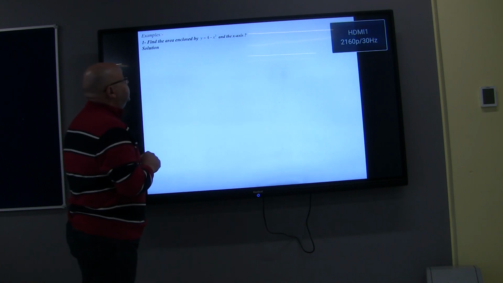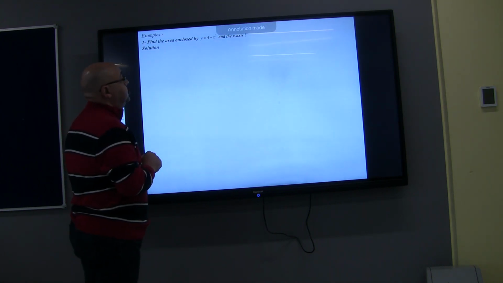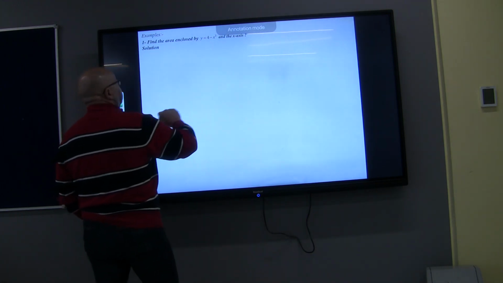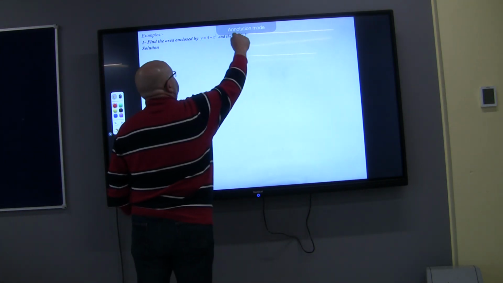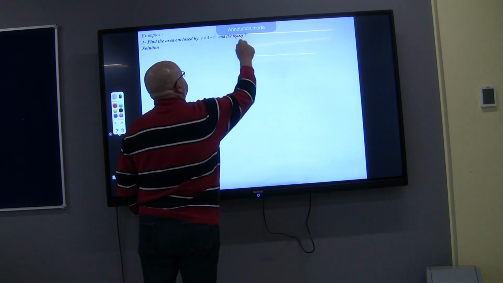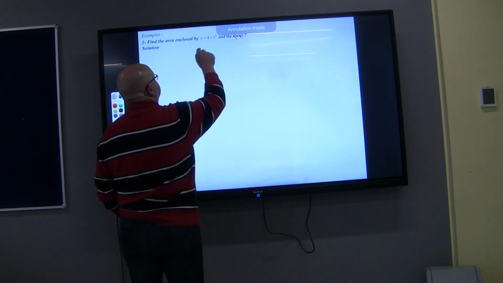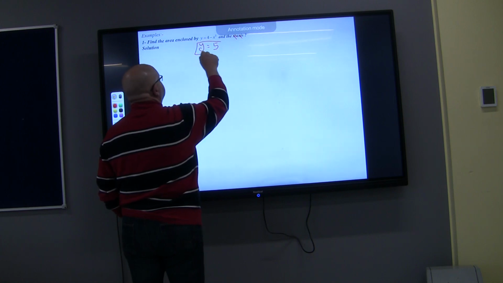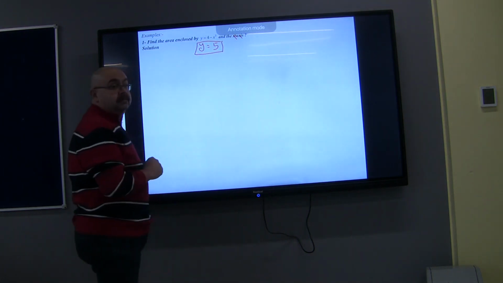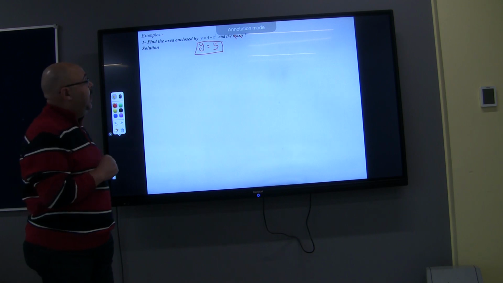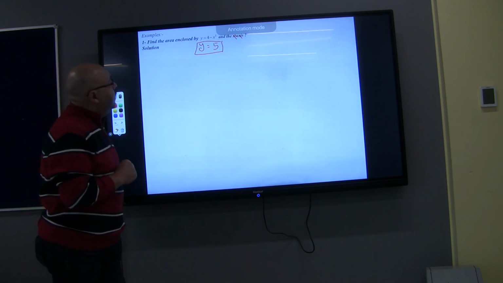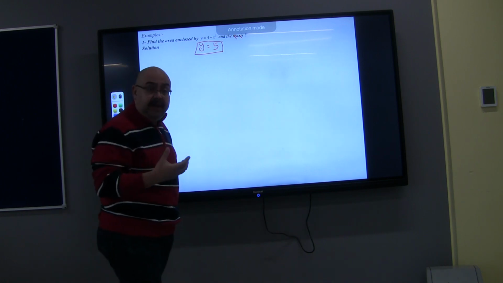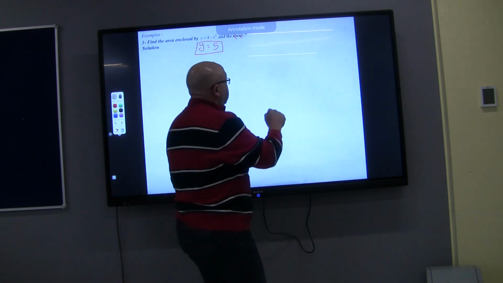Instead of getting the area bounded by 4 minus x squared and the x-axis, we can simply replace this by finding the area bounded by y equal 4 minus x squared and y equal 5, for example. Something like this. So let's start finding the area bounded by these 2 curves.